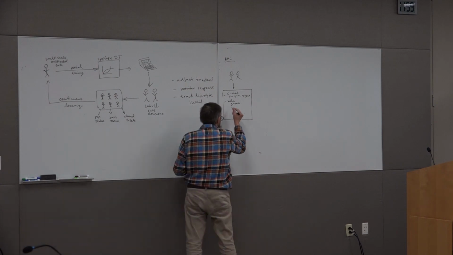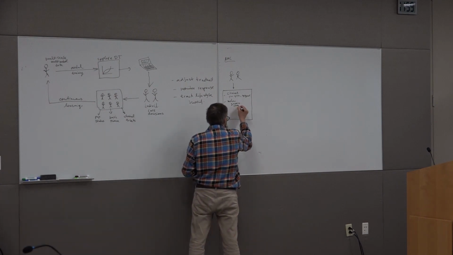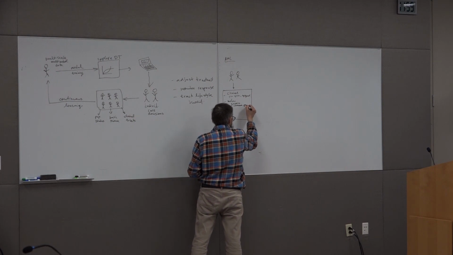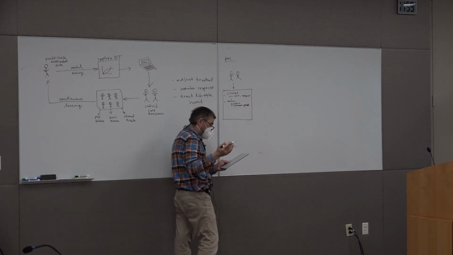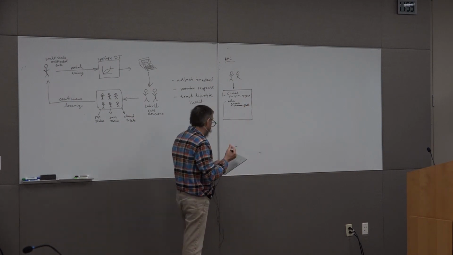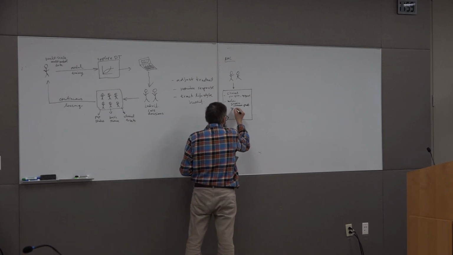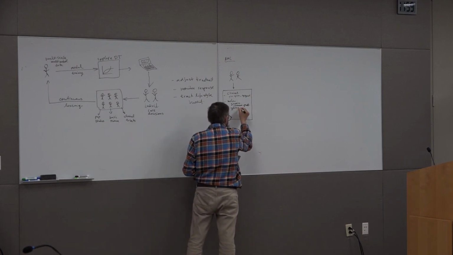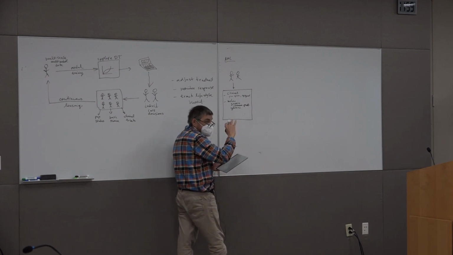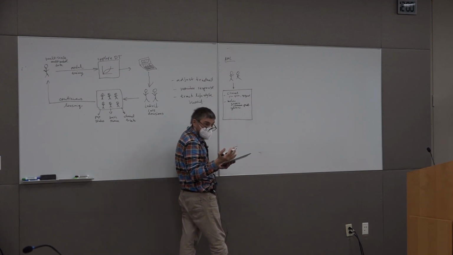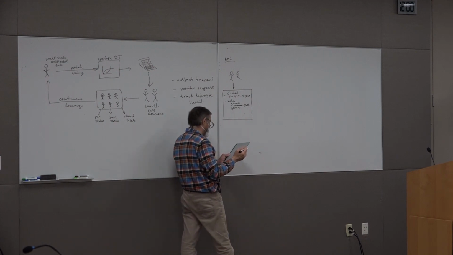Immune profiling. This was mentioned before in one of the presentations. Cytokine profiling. Now, some of these things are not routinely done, but they can be. Of course, there's a cost associated with it.